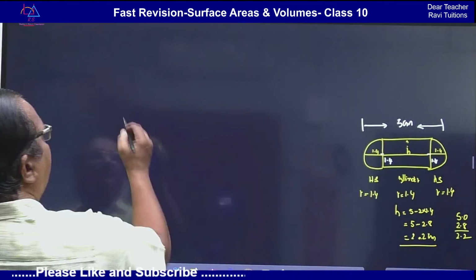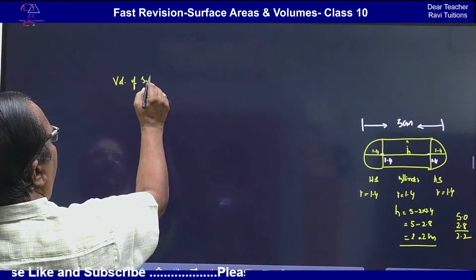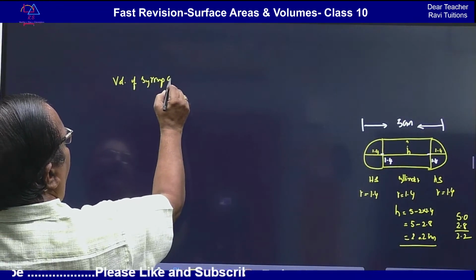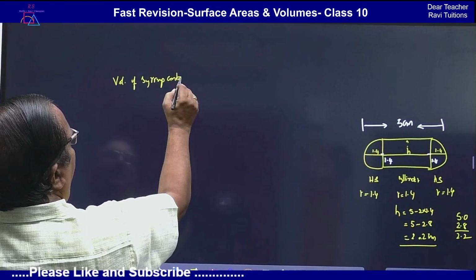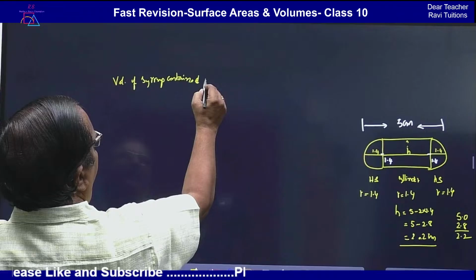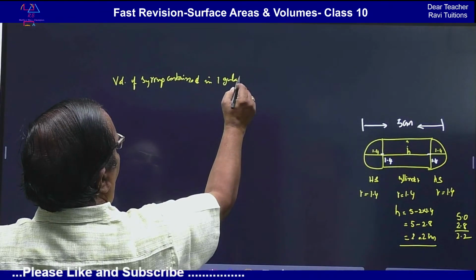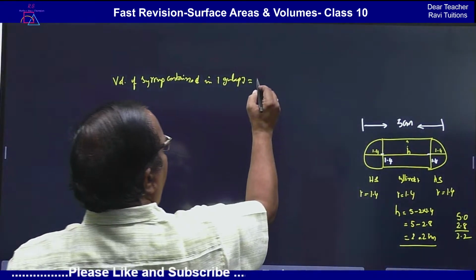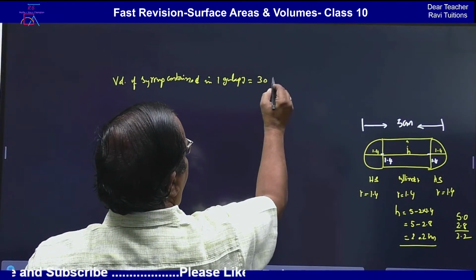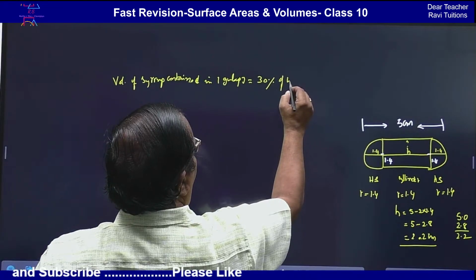So the volume of syrup contained in 1 gulab jamun is equal to 30% of volume.